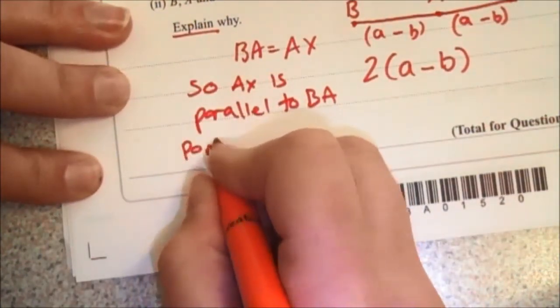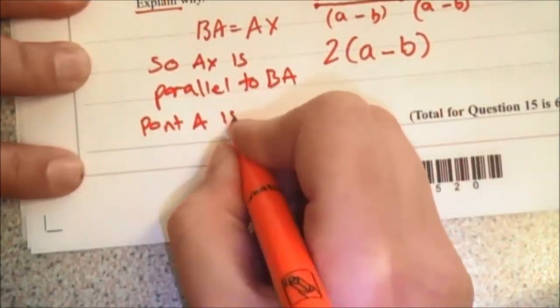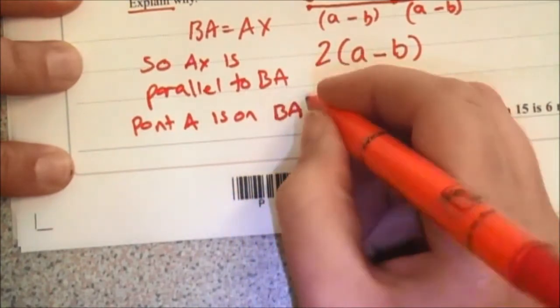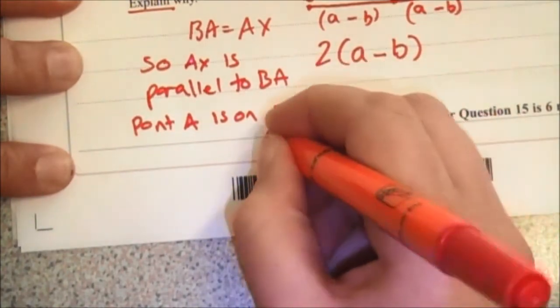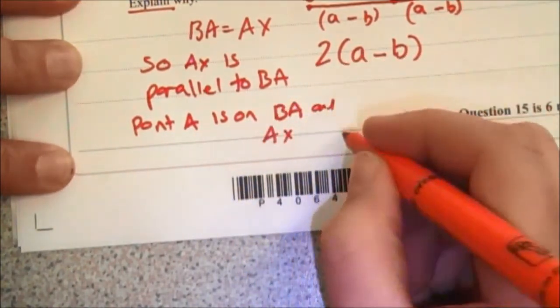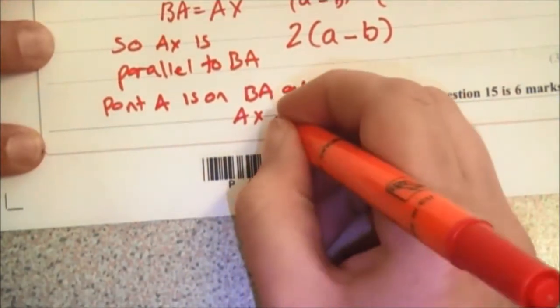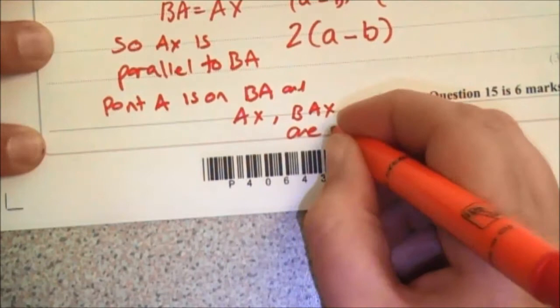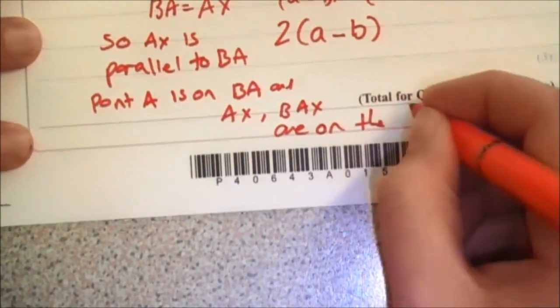And then we're going to say that point A is on BA and AX. So because A is on both those lines, B, A, X are on a straight line.